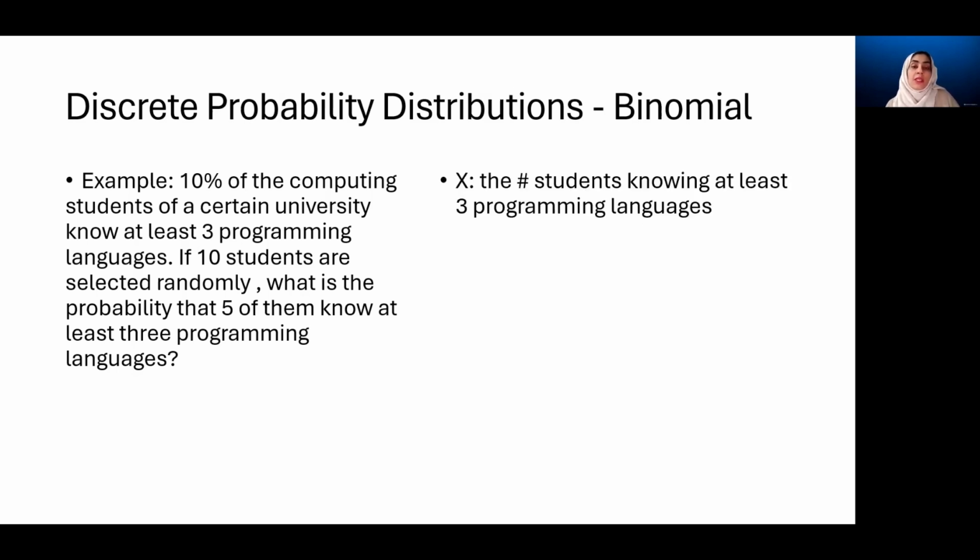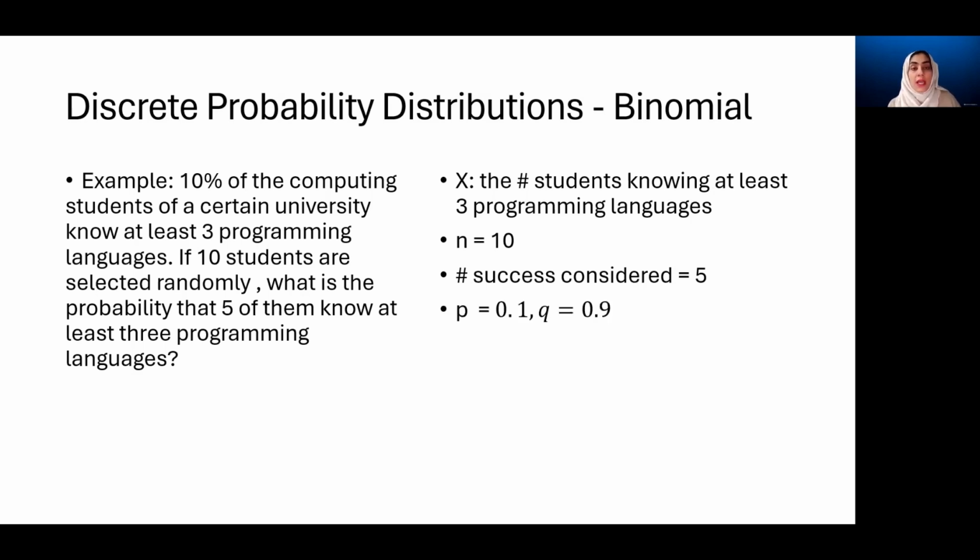So we can model it as a binomial random variable, and we define x as the number of students who know at least 3 programming languages. Here n is 10, because we are making 10 trials, asking 10 students whether they know 3 programming languages or not. The number of successes that we consider here is 5, because we are interested in the probability of 5 of 10 students knowing at least 3 programming languages.